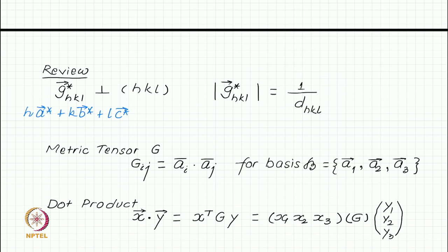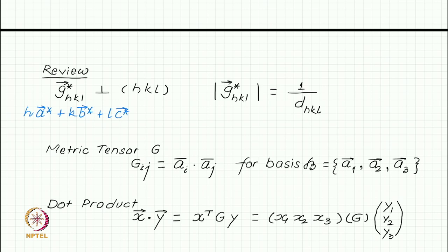The components are HKL, but components are always with respect to some basis, and when we are saying a reciprocal vector, the components are with respect to the reciprocal basis, and the reciprocal basis is a star, b star, c star. So, a reciprocal lattice vector HKL is normal to the real lattice plane HKL.